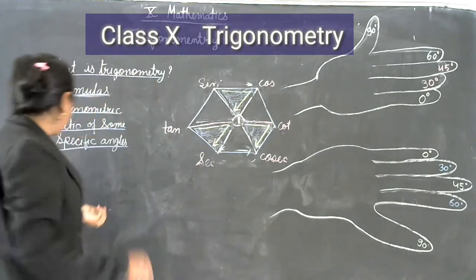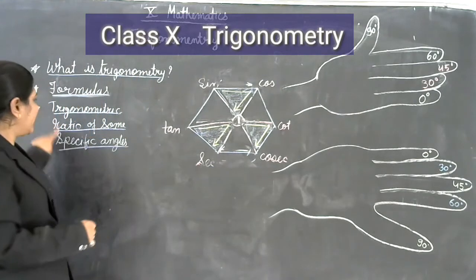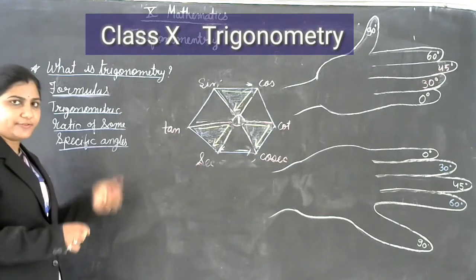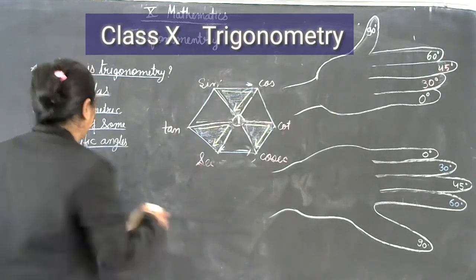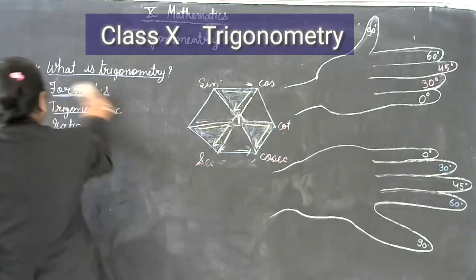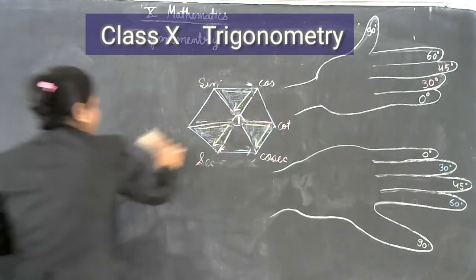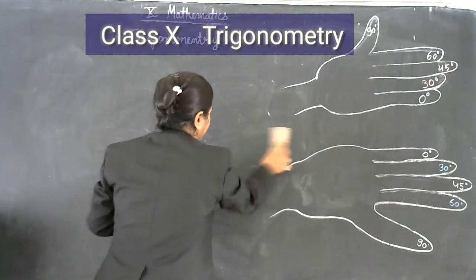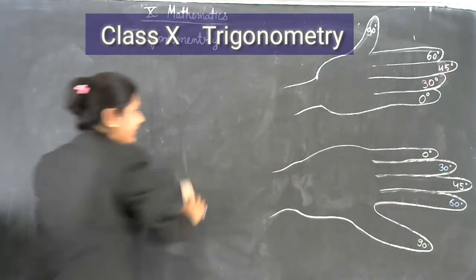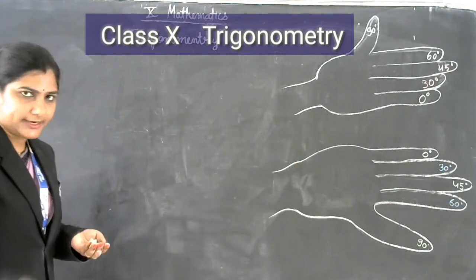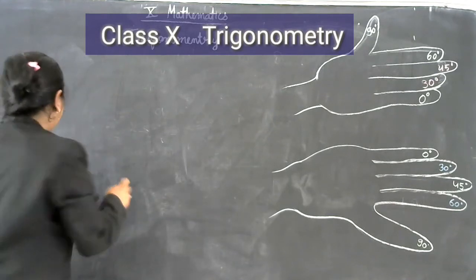Now we will discuss the third point, trigonometric ratios of some specific angles. Here we make the table for sin, cos, tan, cosec, sec, cot for 0 degree, 30 degree, 45 degree, 60 degree and 90 degree, which we use in exercises.